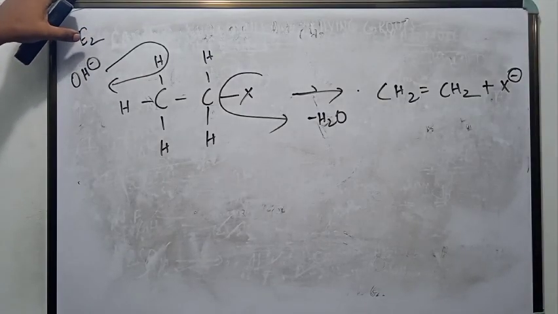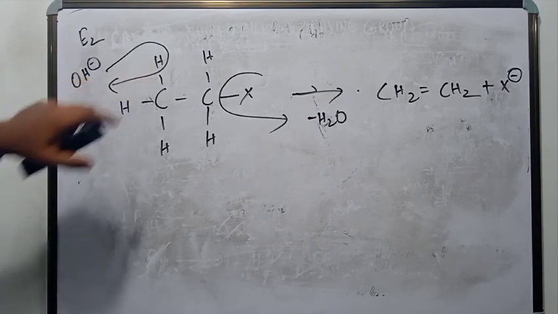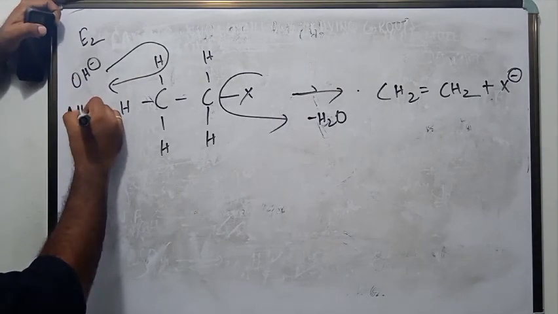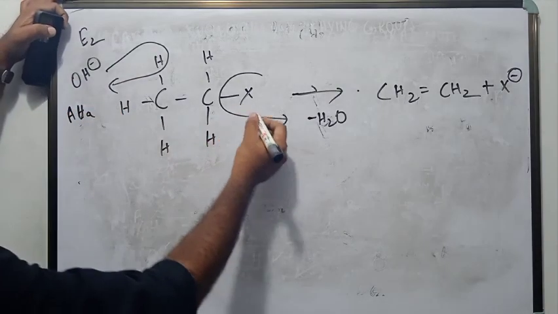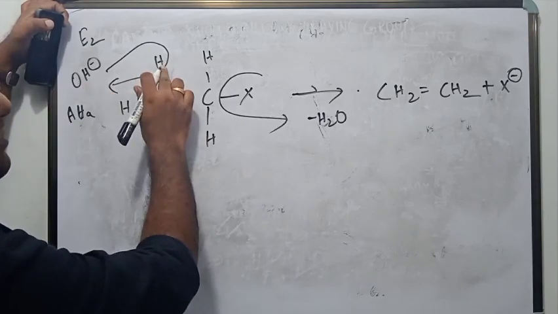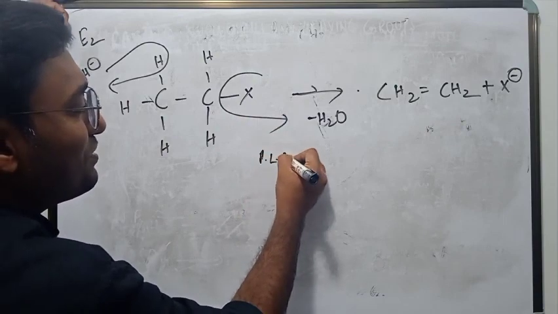So what we are seeing here, OH minus should be strong enough, correct? That is the attacking nucleophile, it should be strong, and the leaving group should wait for the attacking nucleophile to come and attack. So the leaving group should be a poor leaving group.